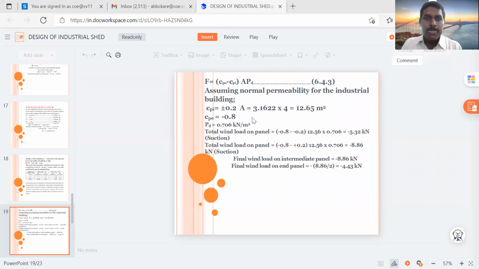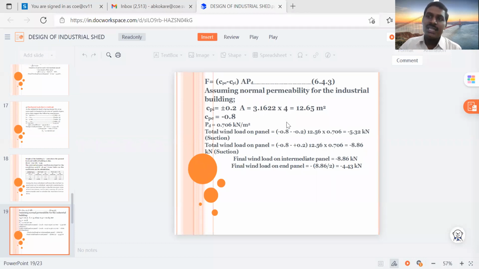Now the area, capital A, is required. How can we calculate the area? The area is calculated by the span of truss into the length of panel. By using this formula we can calculate the area.